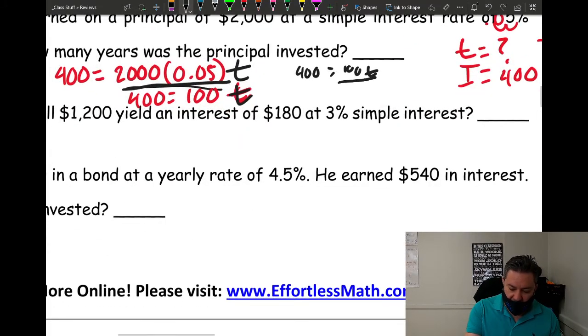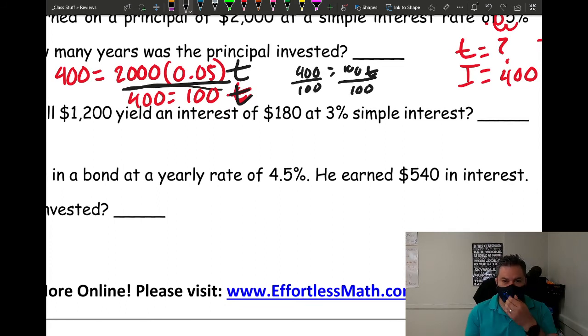I'm going to divide by 100, and what I do to one side, I must do to the other side. This eliminates 400 divided by 100. You can just cross out the zeros. So time equals 4.